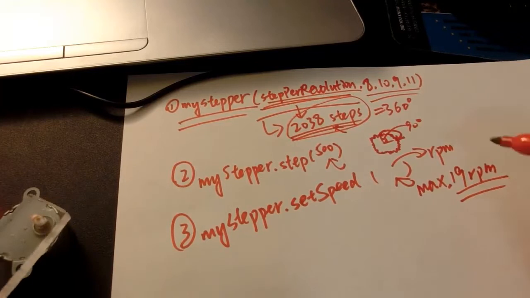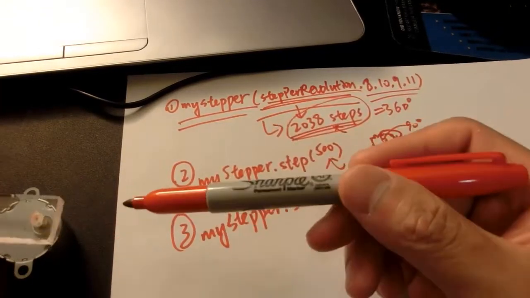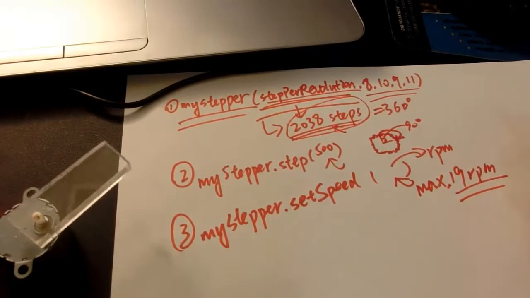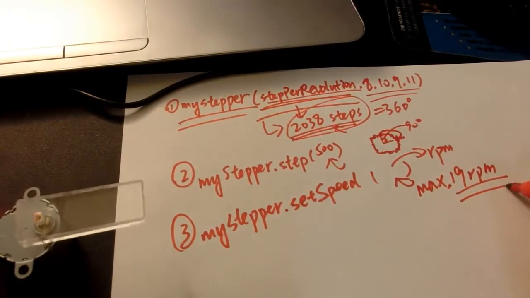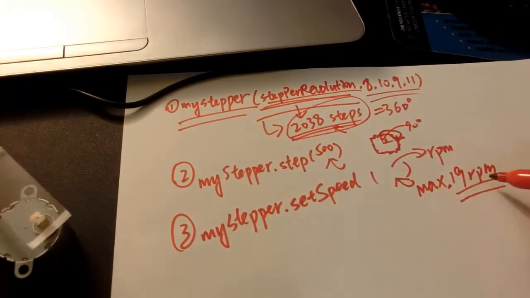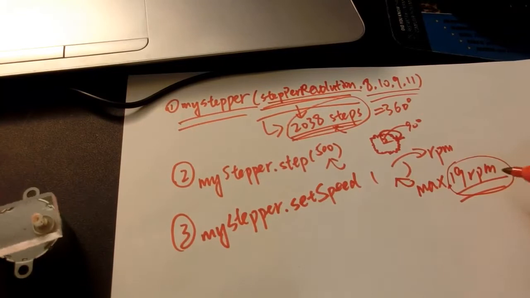And sometimes, since it's a pretty cheap step motor, maybe it's not really exactly consistent for every single step motor. But it's going to be somewhere around 19 RPM.